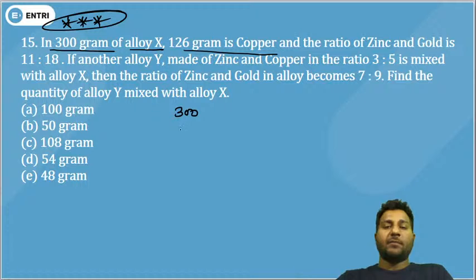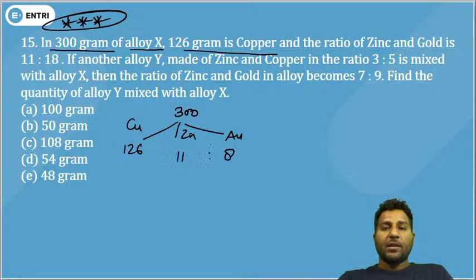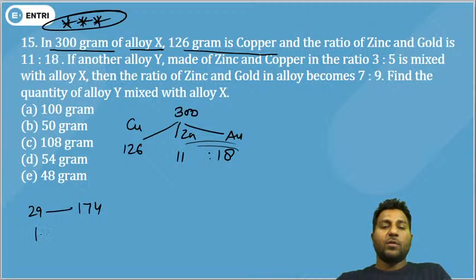The ratio of zinc and gold will be 11:18, which means these two quantities must have been equal to 29 ratio, which is 174. So 1 ratio equals 6.